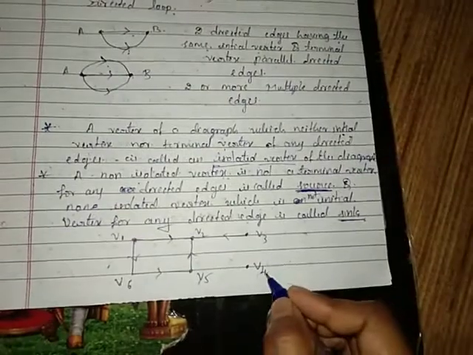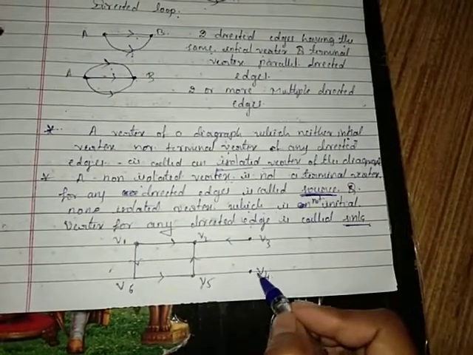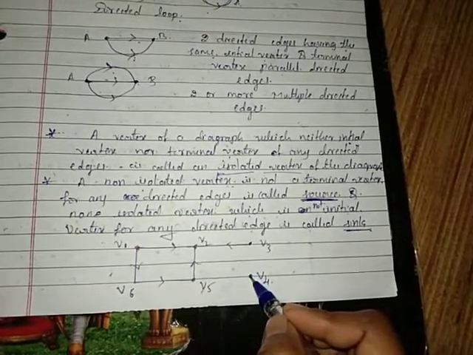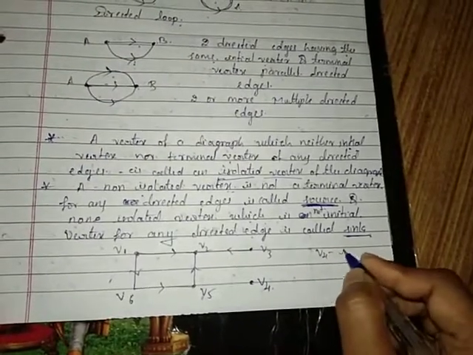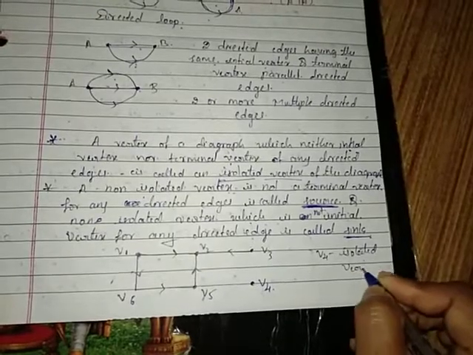Here see the vertex V4. V4 is not an initial vertex, and it is also not a terminal vertex. So this V4 is called an isolated vertex.